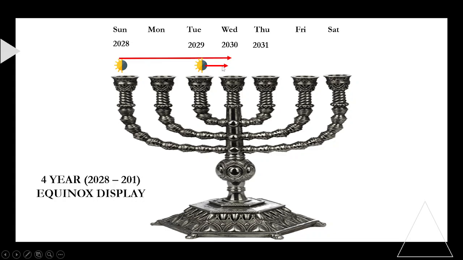So you're going to move it over one day. But if you look at the total number of days that has been skipped over the years, you got 1, 2, 3. So you have three days that are scooting from the left to the right over 3 years.